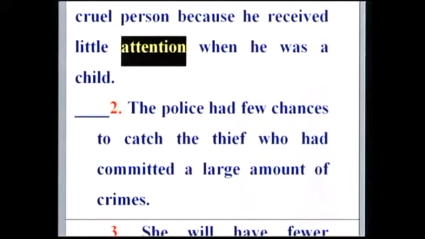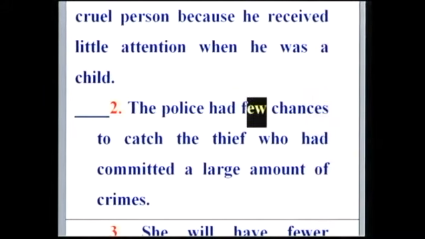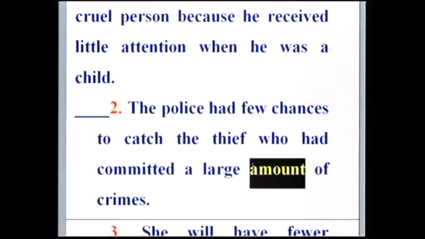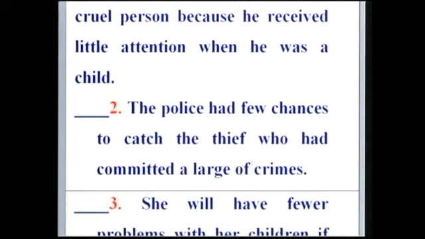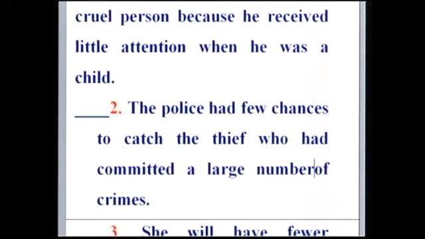طيب, the police had few chances to catch the thief who had committed a large amount of crimes. طيب, few chances, few جاية قبل chances, few, which is used with countable nouns, وعندي countable noun chances. لكن عندي كمان ايه؟ a large amount of crimes. بصوا, لما يكون عندي اسم بيتعد I use the word many. اسم ما بيتعدش I use the word amount. يبقى دي مفروض تبقى ايه؟ a large number of crimes.